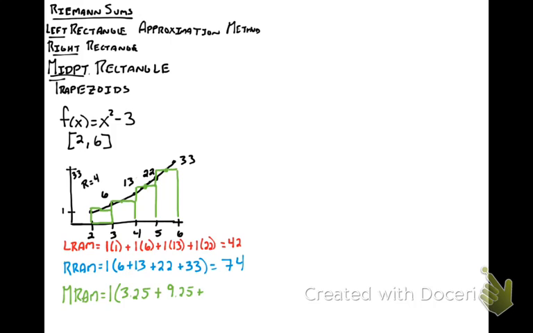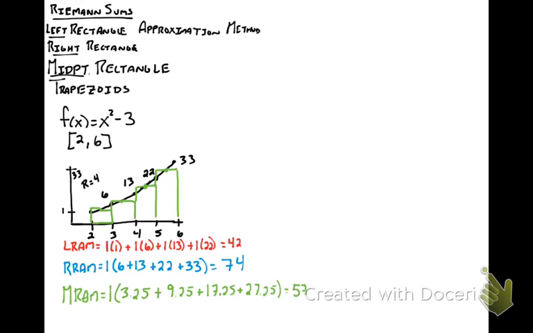At 4.5 is 17.25. And at 5.5 is 27.25. So my approximation for this area is 57 units. And I feel a lot better about that because each of my rectangles had a little bit of overage and a little bit of underage, so it's balanced out.